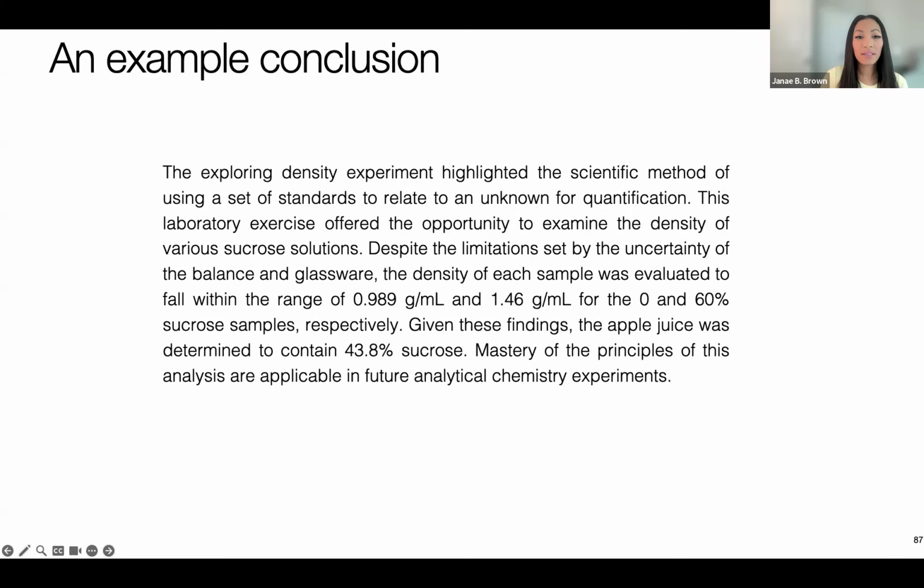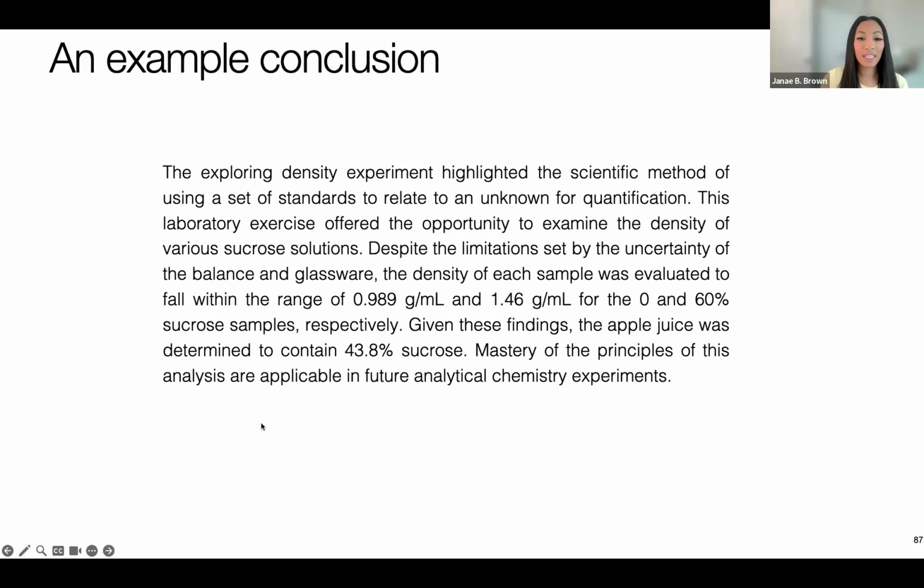And so this conclusion has given a few things. It gives an overview of why the experiment was conducted and what the objective was. Some of the key findings, in terms of not going through each and every data set that you report on your data sheets, but just giving highlights in terms of trends.